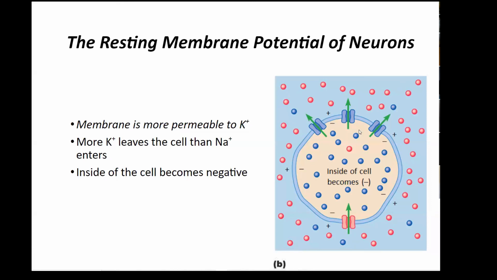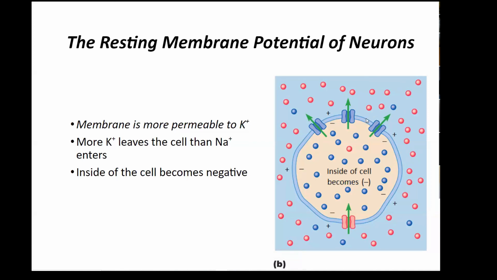So we're going to have a net export of charges just because of this permeability, just because more positive charges can escape than positive charges can get in. So this is due to the potassium chemical gradient and the permeability of the membrane to the potassium.